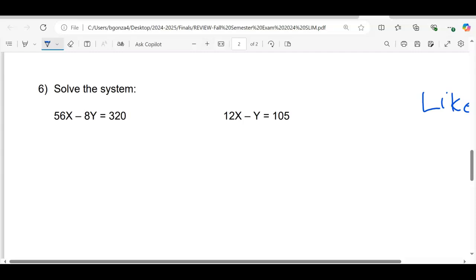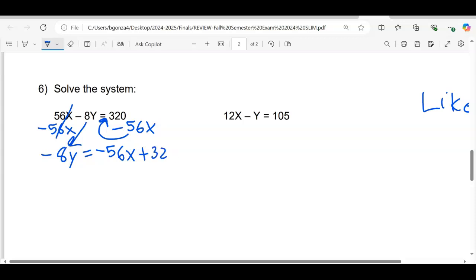To get y by itself, I'm going to get rid of the positive 56x by subtracting 56x on both sides. Bring down negative 8y equals mx goes in front of the b, negative 56x less 320. And then we need to get rid of the coefficient in front of y. We divide by negative 8.